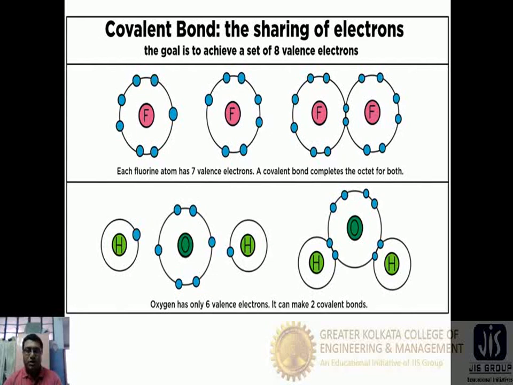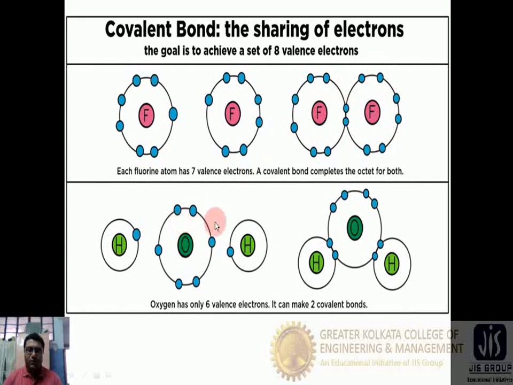The electrons are shared between themselves to form this covalent bond and form the octet. In the case of fluorine, we can see two fluorine atoms, and they share two electrons to make their electrons reach the octet state. That means there will be 8 electrons in the outermost shell.